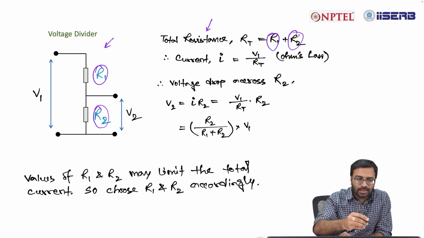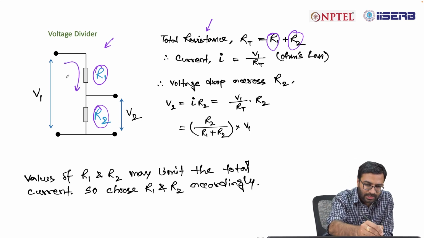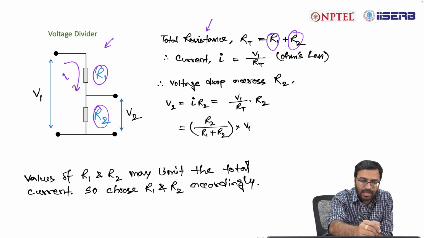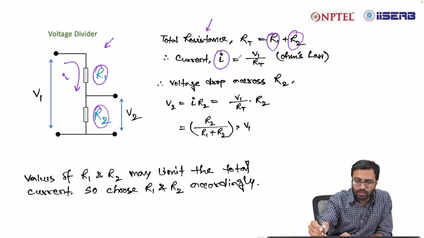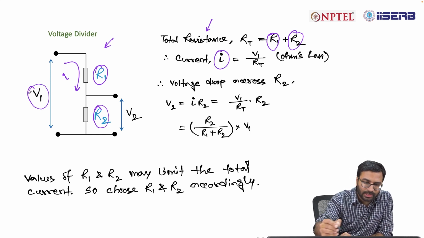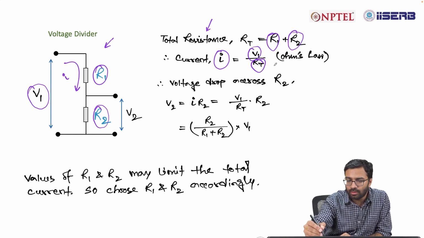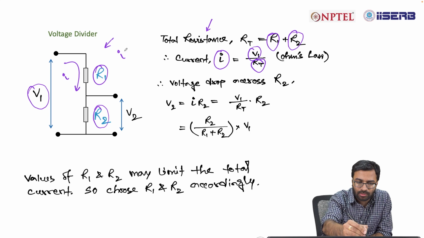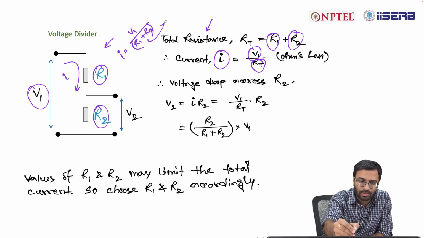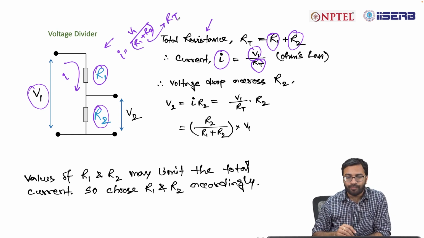Now if the current flowing through this circuit is I, then I is equal to V1, the applied voltage, divided by the total resistance. So I is equal to V1 divided by R1 plus R2, because R1 plus R2 is your total resistance RT.